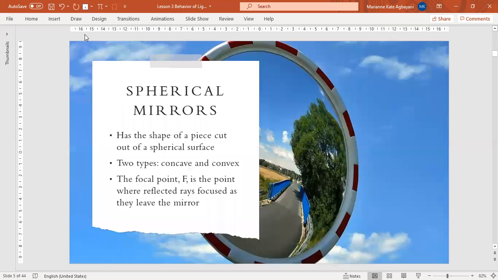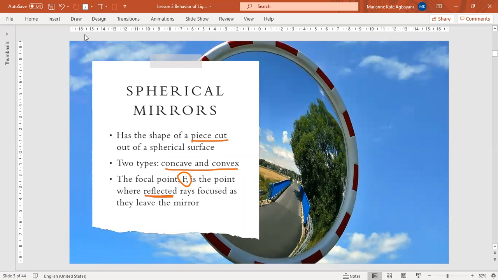Then we have the spherical mirrors. It has the shape of a piece cut out of a spherical surface. Two types, we have the concave or the convex. The focal point F is the point where the reflected rays are focused as they leave the mirror.